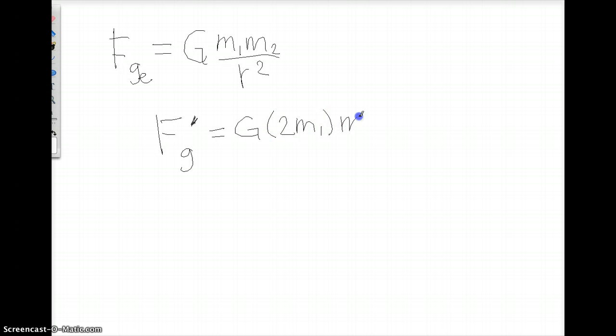The mass of the person stays the same, and the radius is also doubled. Ultimately, this gives us an expression where you have this 2 and a 4 in front of the exact same expression that we originally put, which was up here.